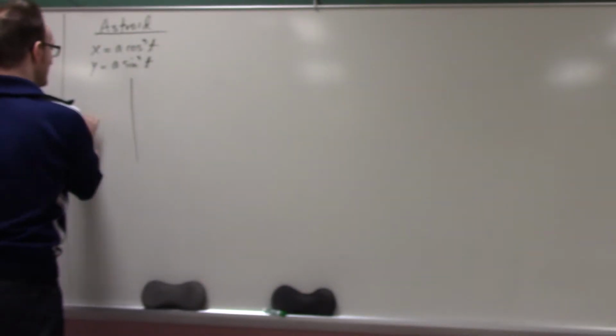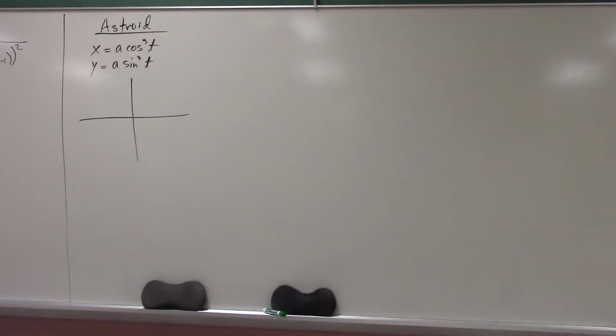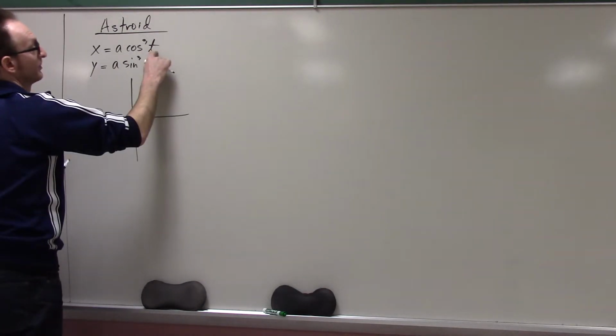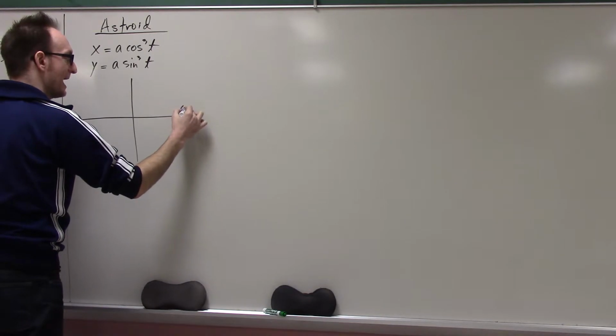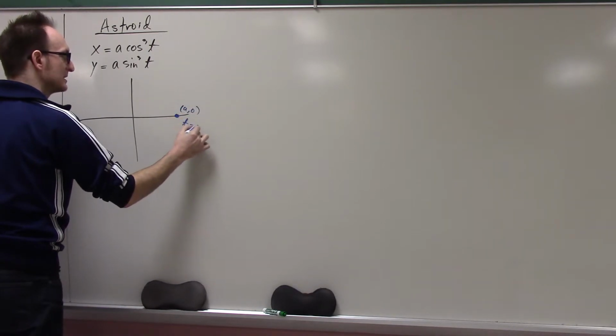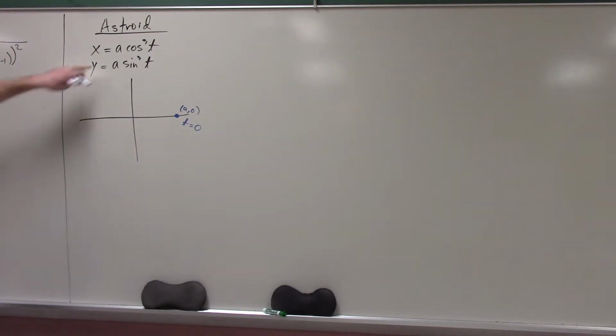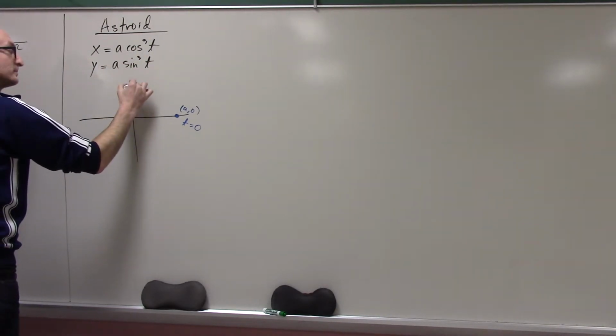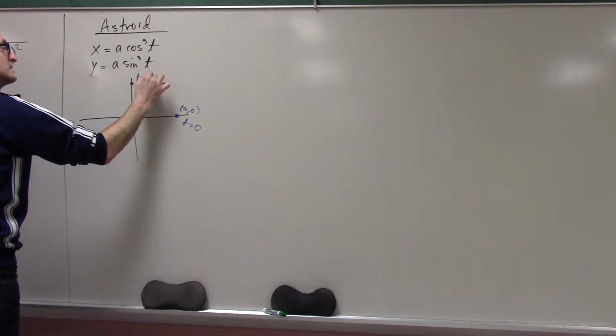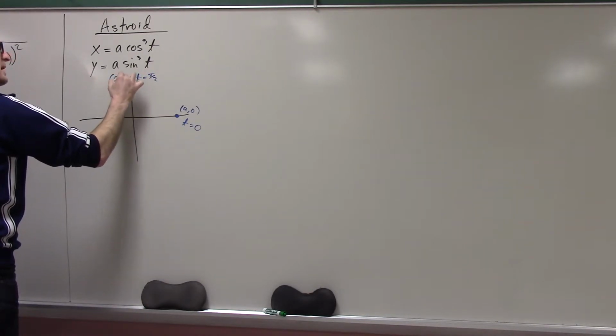And if you try to plot it, when t is 0, this will be 1 and this will be 0. So we'll be here at a, 0 when t is 0. And when t is pi over 2, you'll get 0, a.